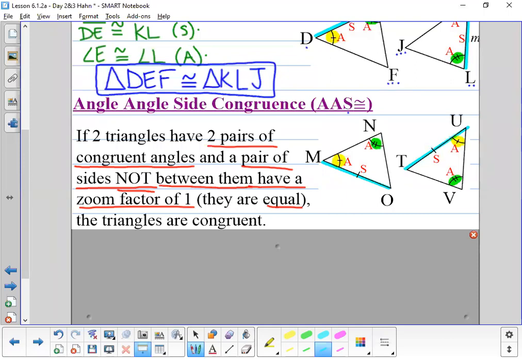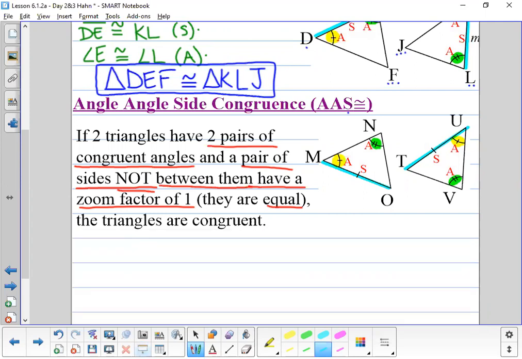So you can see in this diagram, the sides are not between my two angles, and that makes the big difference. That's why we would use angle-angle-side as our shortcut for this one instead of angle-side-angle. Okay, so let's write our facts out again, just like we did before. So I know that angle M is congruent to angle U. So there's one of my angles.